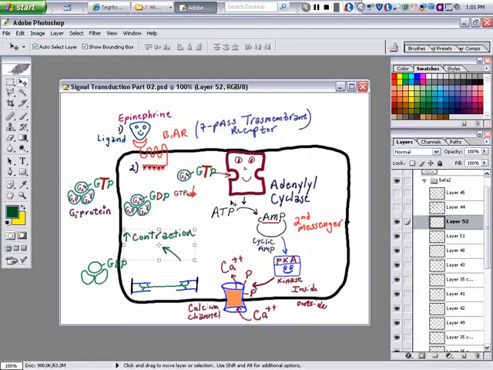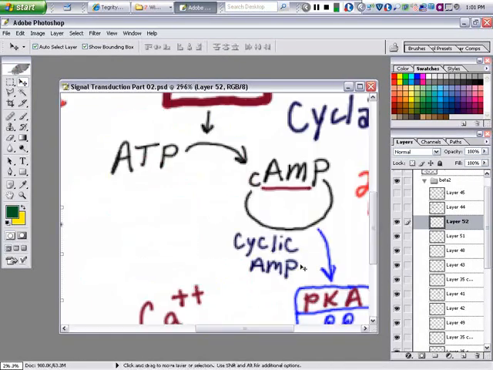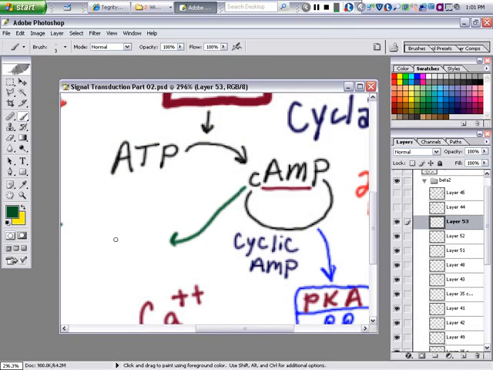Okay. And so there's a protein that is going to convert this cyclic AMP into regular, non-cyclic AMP.